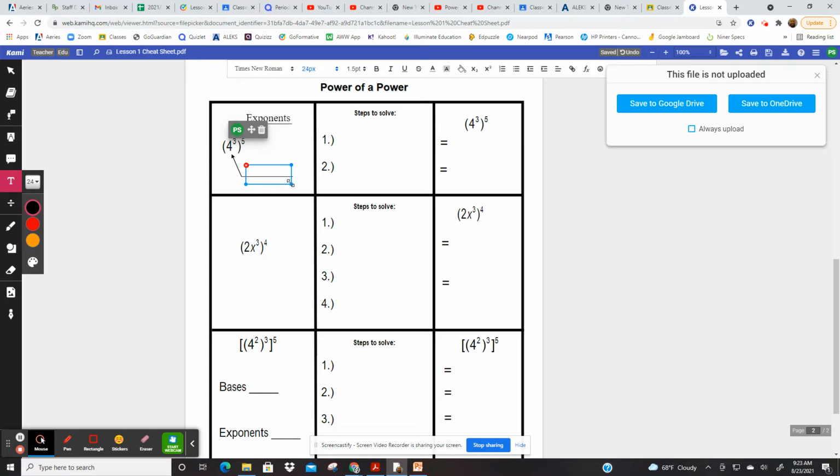Yeah, you're right. It's the base. Okay, so the steps. First step is to keep the base. And that base is 4. Put that in there, the 4.